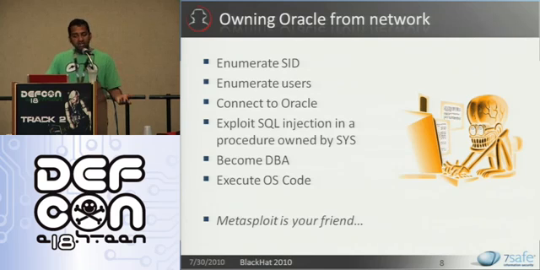That will grant the DBA role to that user, and once you have DBA, you can execute OS code. All of this can be done via Metasploit, and this was shown by Chris in last year's DEFCON talk.